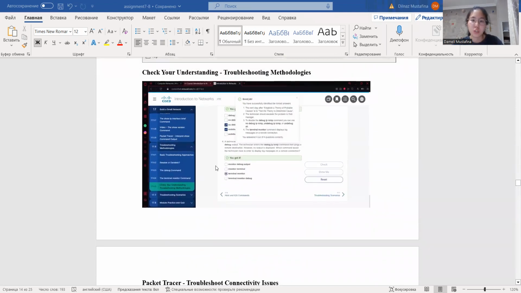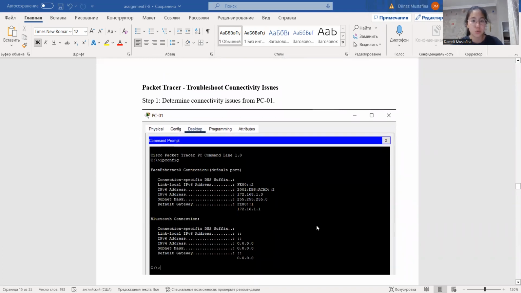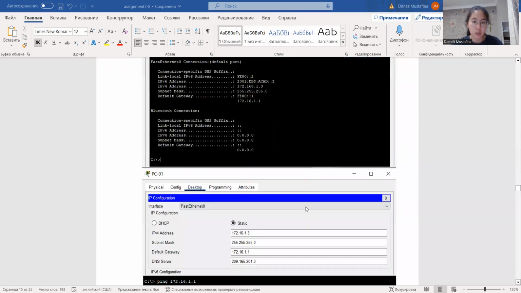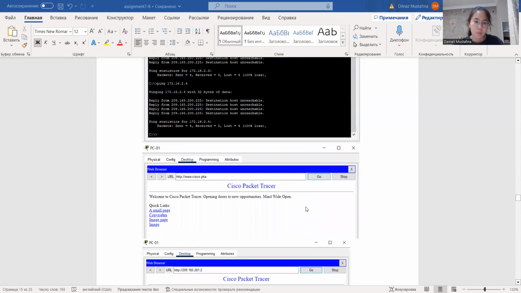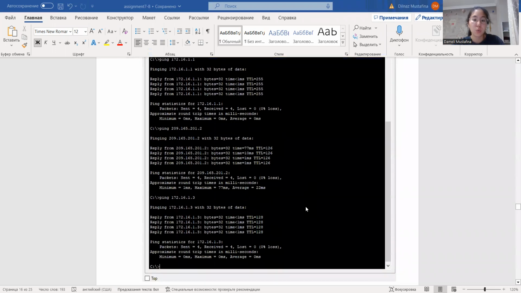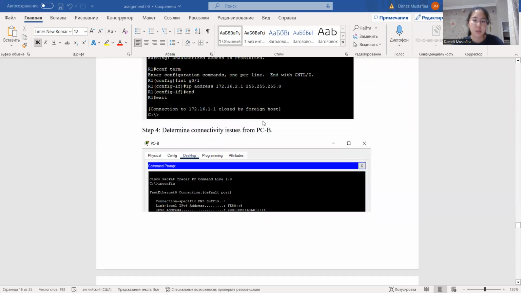Here's the quiz of troubleshooting methodologies, and it is a packet tracer, troubleshoot connectivity issues. First, we determine connectivity issues from PC 01. Here we determine connectivity from PC 02, from PCA, and PCB.